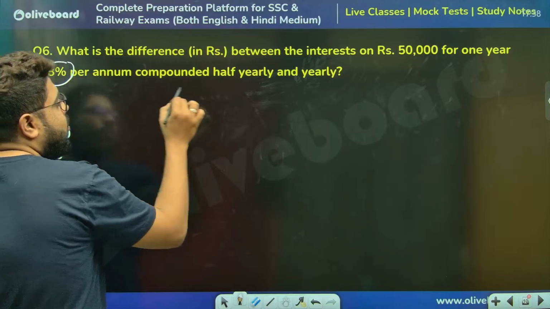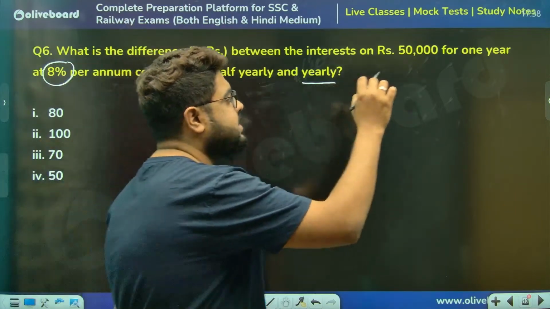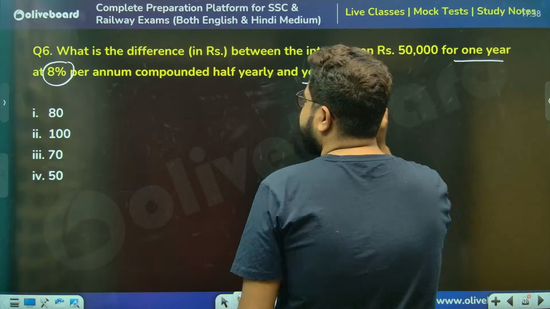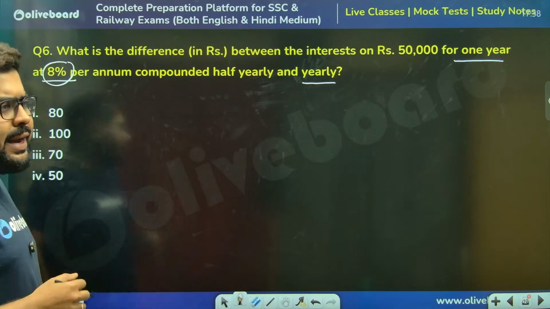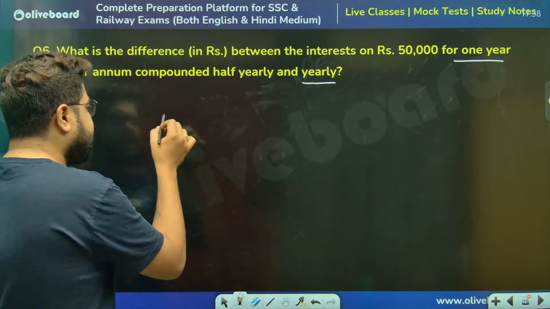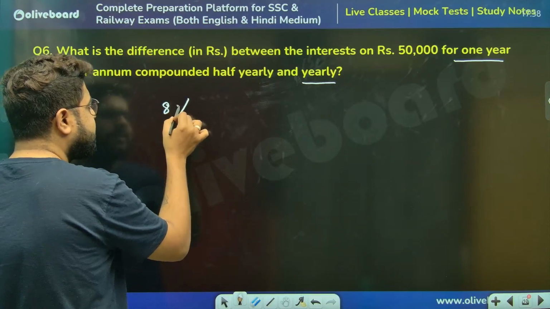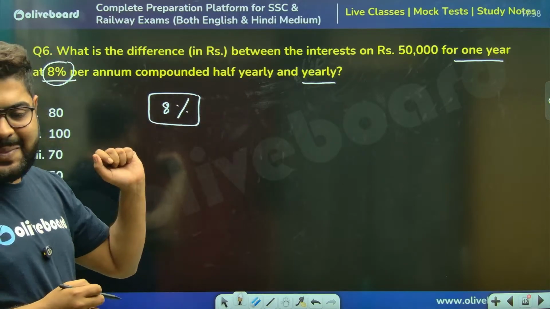If I get yearly compounding for 1 year, it does not matter whether it's simple interest or compound interest. That means it will be 8% only, sir.